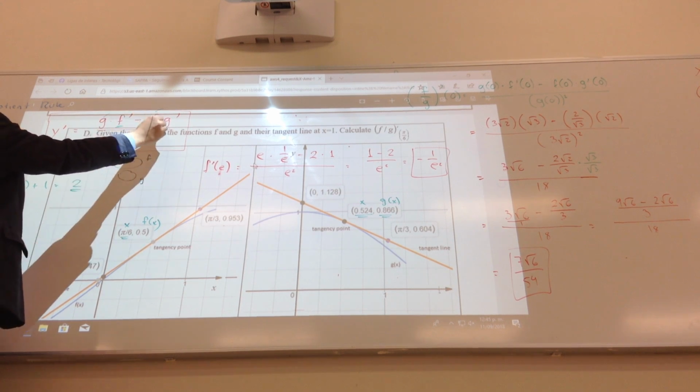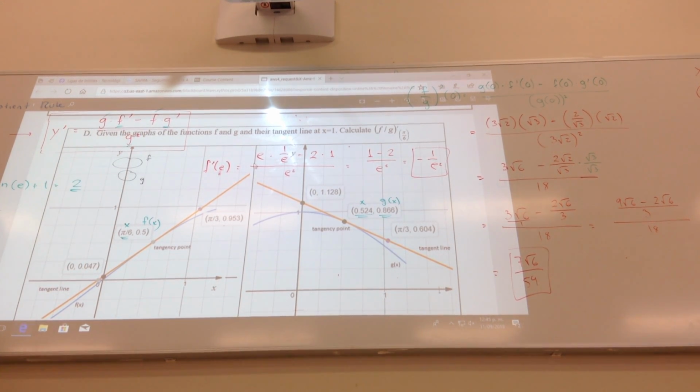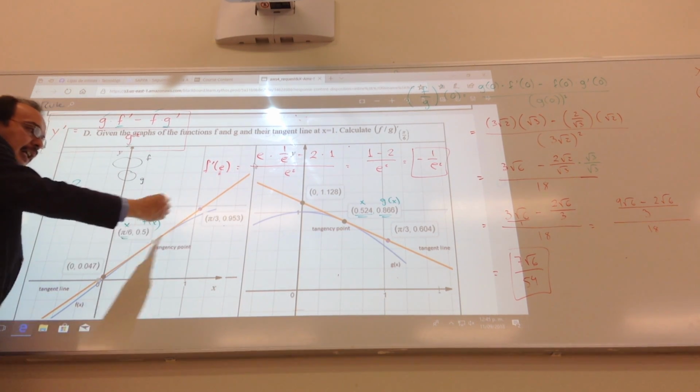How can I find the derivatives? We saw it yesterday. With the slope. Yes, the slope. How do I find the slope of that tangent line?